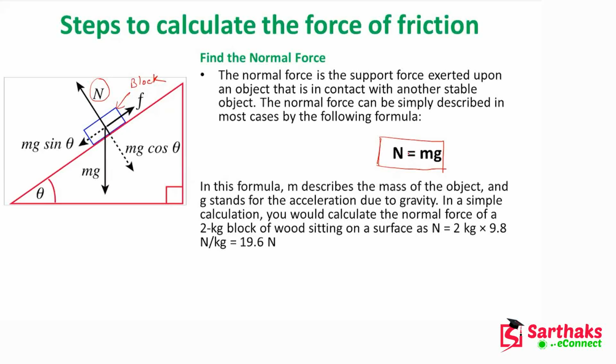So if you have a 2 kg block, what will be your normal force? The normal force F normal equals m into g. With 2 kg, and g being 9.8 meter per second square, your total normal force will come to 19.6 Newton.